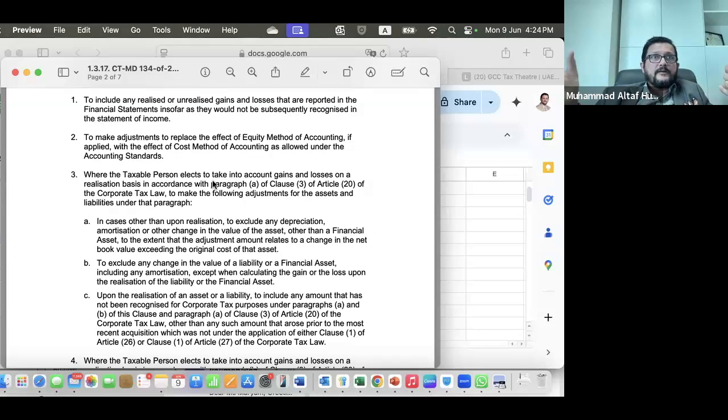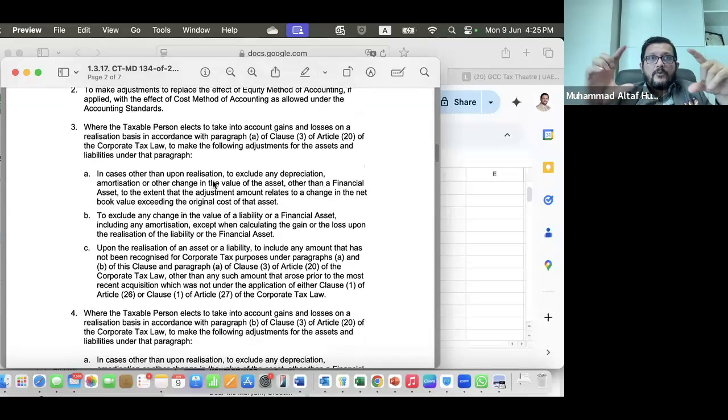We book gains under the default accrual method, otherwise it's a non-compliance with IFRS. But tax law allows realization based taxation, so they say okay, then adjust it. That adjustment will appear. Another example is OCI which is never reclassified to income for the year.